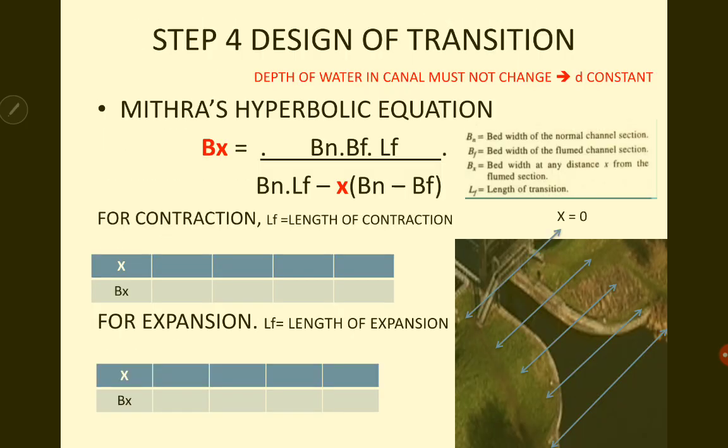To find out these, we are going to use the hyperbolic equation given by Mitra, which is given as Bx is equal to Bn Bf Lf divided by [Bn Lf minus x into (Bn minus Bf)]. Bn denotes the original or the normal canal section. For us it is B. Bf is the term that is used for the flumed section. It's B by 2 actually here.